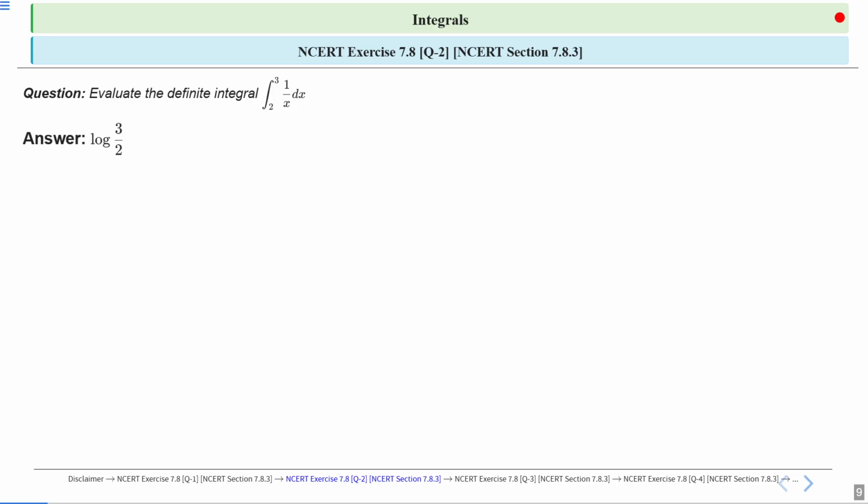So the answer is log 3 by 2. Let's see the step by step solution.